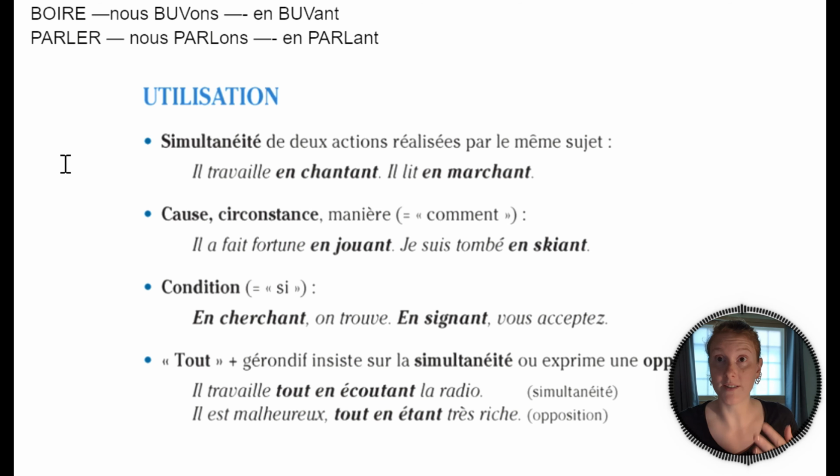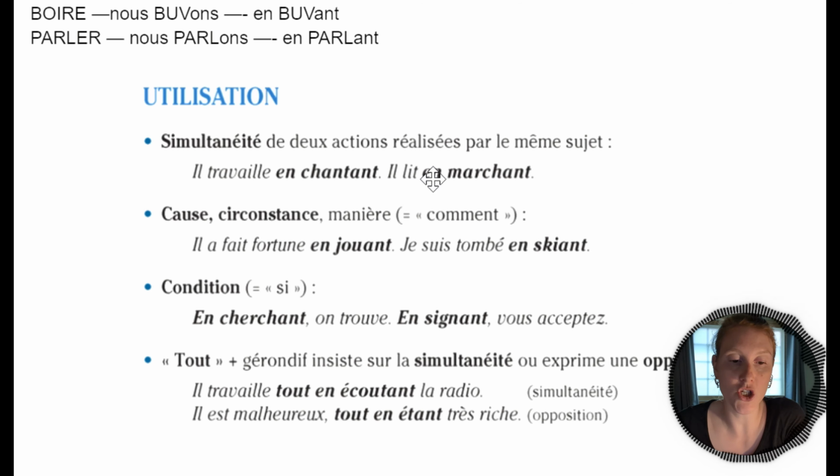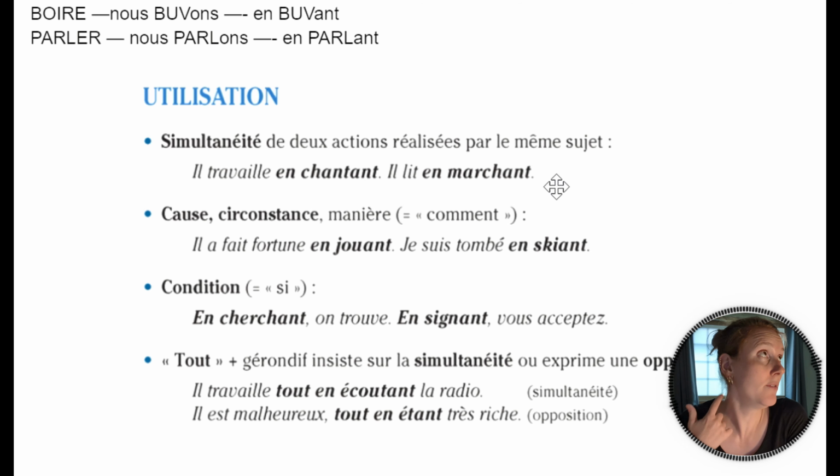So, simultaneously, you're doing 2 things, 2 actions. So here you have an example. Il travaille en chantant. So, he works while, you would translate it as while singing. Okay? Il lit en marchant. Something I actually do. He reads while walking.